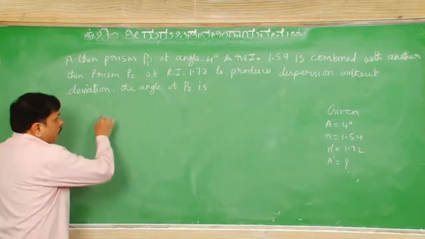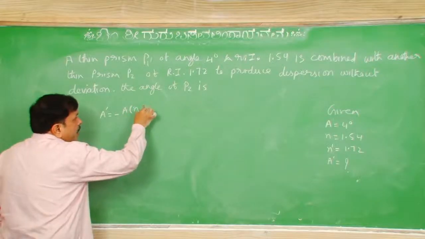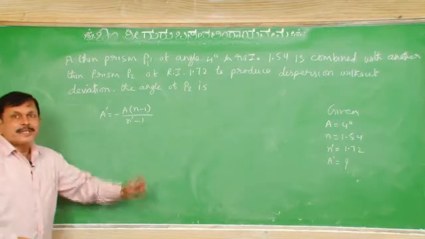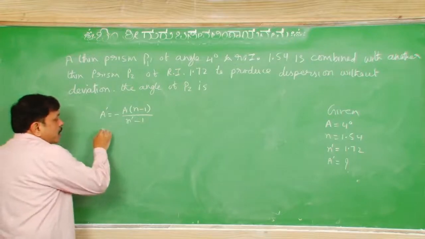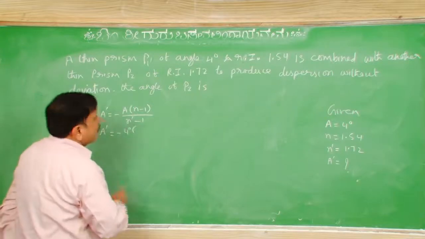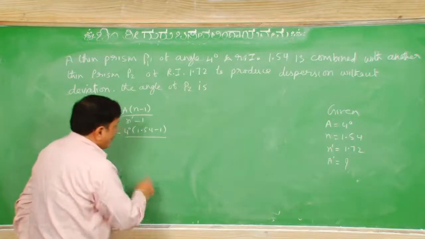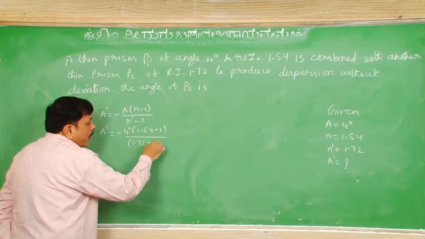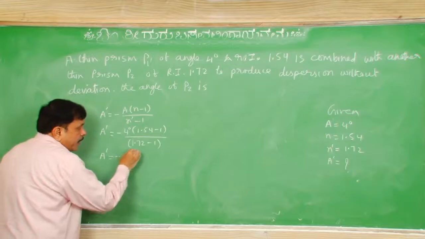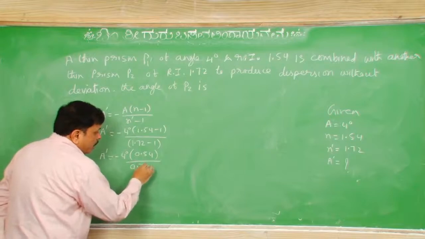We know that in dispersion without deviation, we have the condition A dash equals minus (N minus 1) by (N dash minus 1) times A, the angle of the second prism. So this can be written as A dash equal to minus 4 degree into (1.54 minus 1) divided by (1.72 minus 1), which becomes minus 4 degree into 0.54 divided by 0.72.